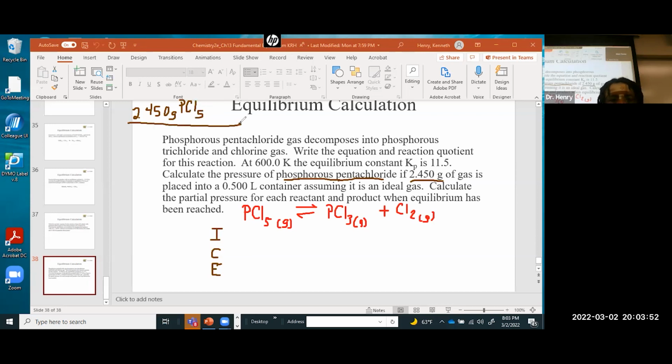Okay, so what is the molar mass of PCl5? So phosphorus is 31. Okay.